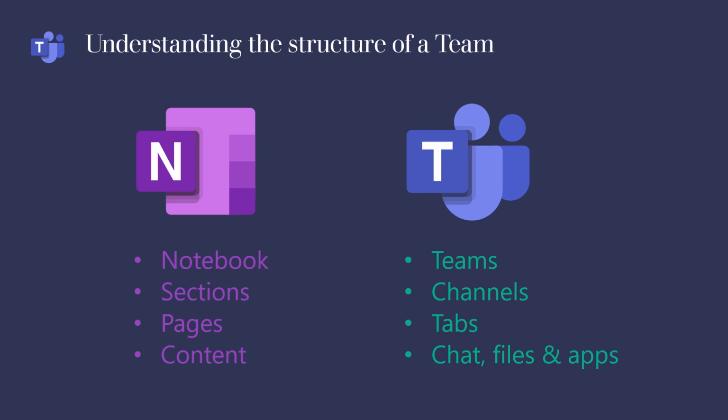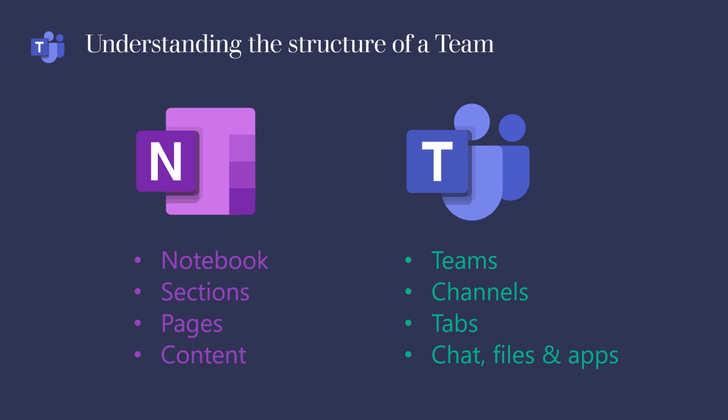A team is designed to be a collaboration space with some options for individuals to keep their own materials. So there is an overlap, particularly as OneNote becomes more and more collaborative, but it is important to recognise the distinction.